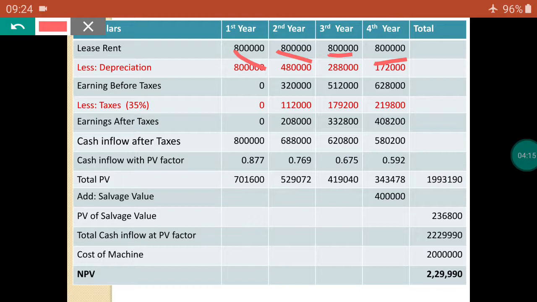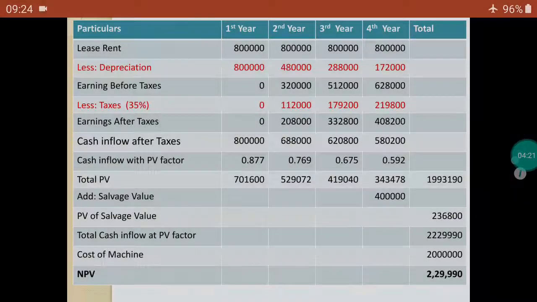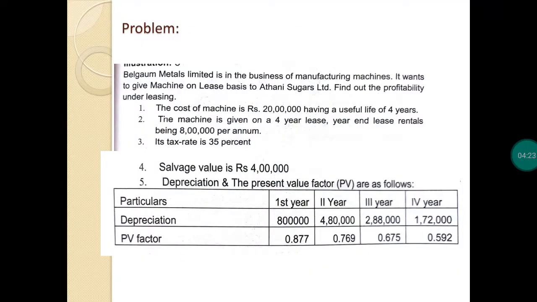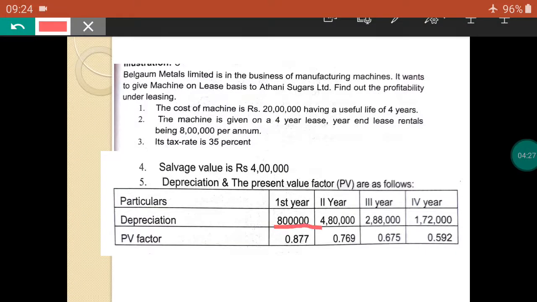See, first year depreciation is 8 lakh, after that 4 lakh 80,000, then 2 lakh 88,000, then 1 lakh 72,000.